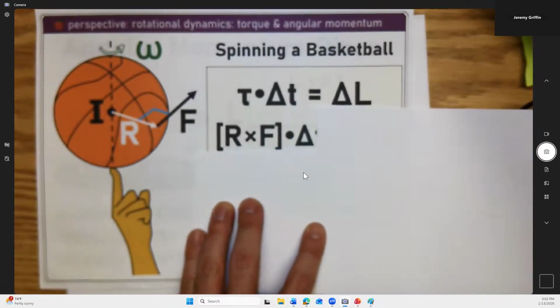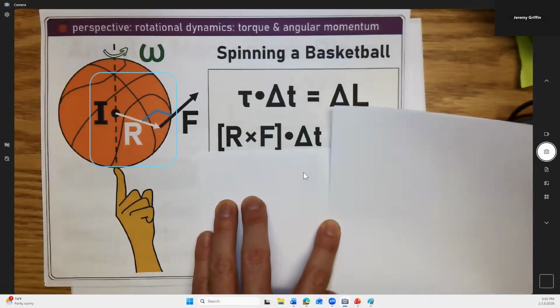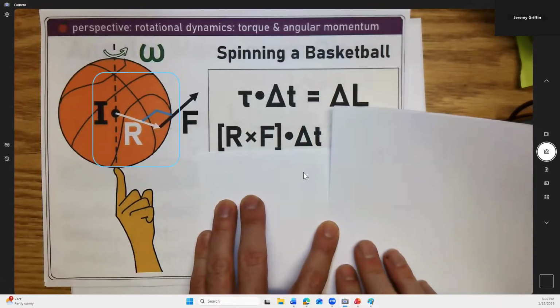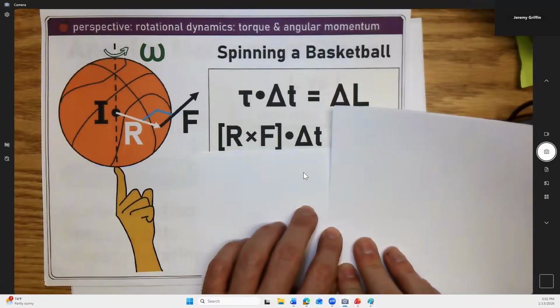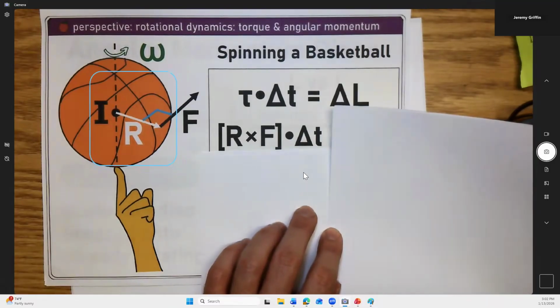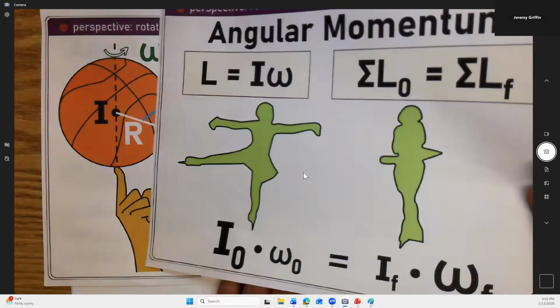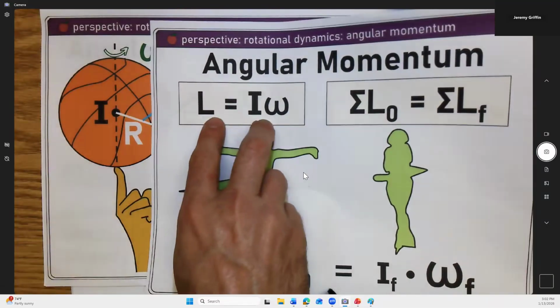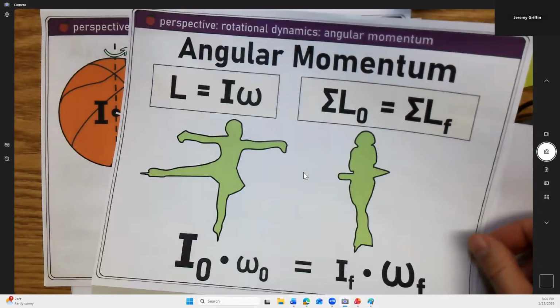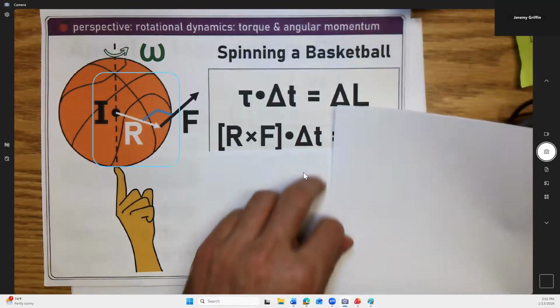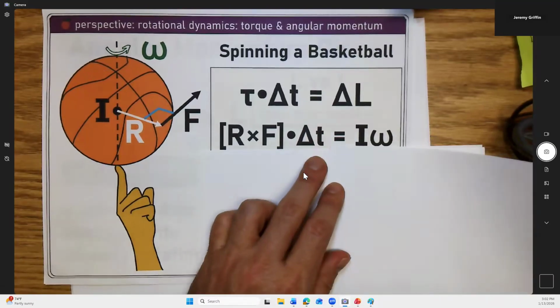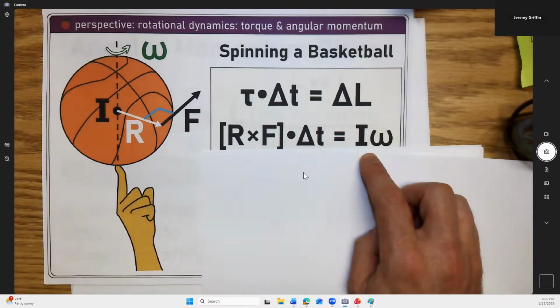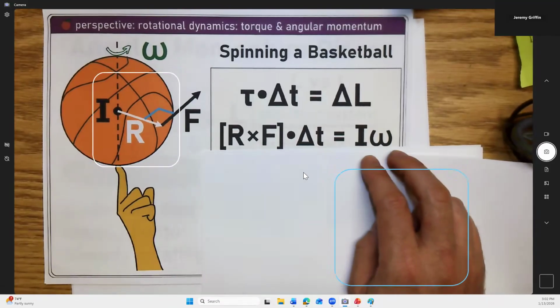And then delta t is the time interval I apply the force for. How about angular momentum? That goes back to here. You guys remember angular momentum is I times omega? As long as the basketball starts from rest, the change in angular momentum is the final angular momentum, so I can just call it I omega.